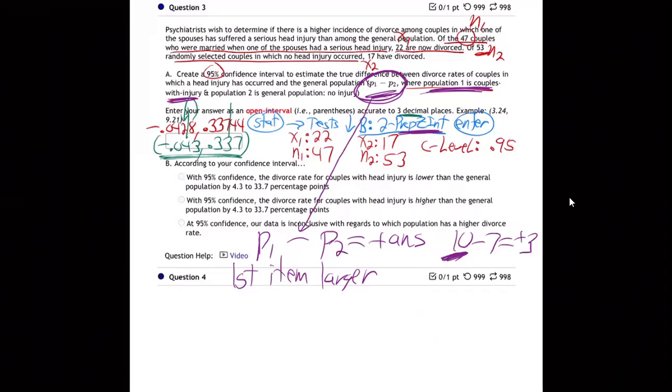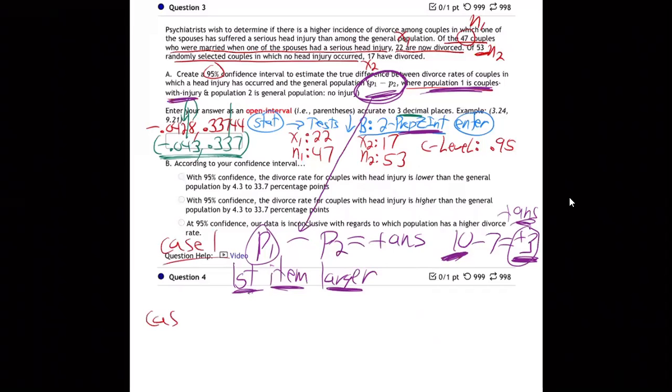The first number has to be bigger for you to subtract 2 things and get a positive answer. Are you tracking with me? If you get a positive answer, that means the first item, P1, was larger. That's case number 1.